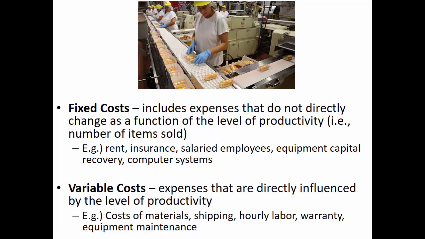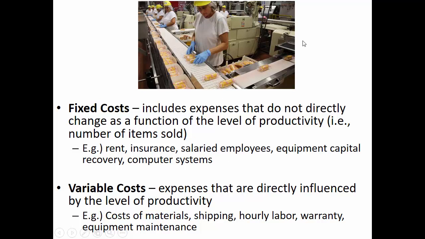And then the variable, which we've also started to talk about, in the case of this Twinkie production, would be the plastic that the Twinkies are in, the boxes, the sugar and diglycerides and vegetable oils and shortenings that go into Twinkies, the hourly labor, in contrast to the salaried employees, like the managers, who don't get paid based on the number of shifts they're working.